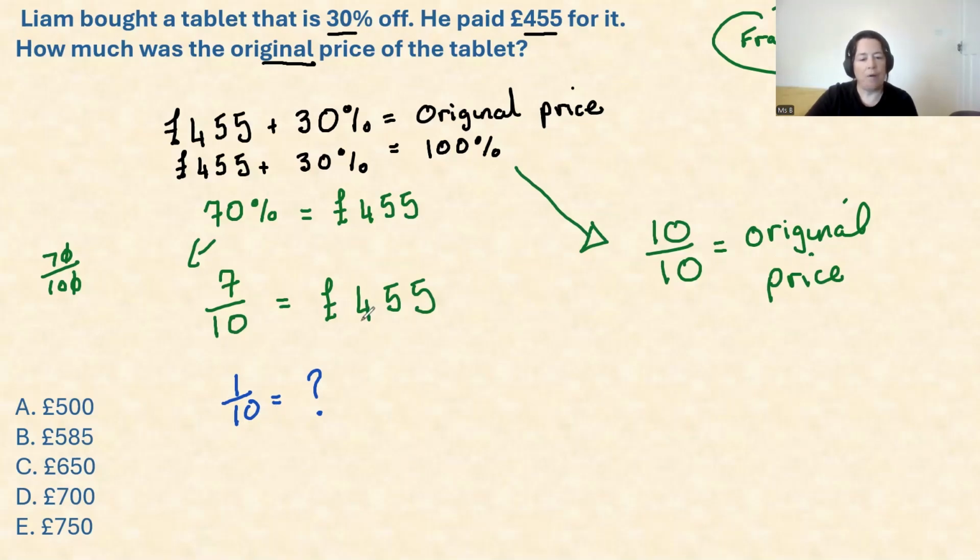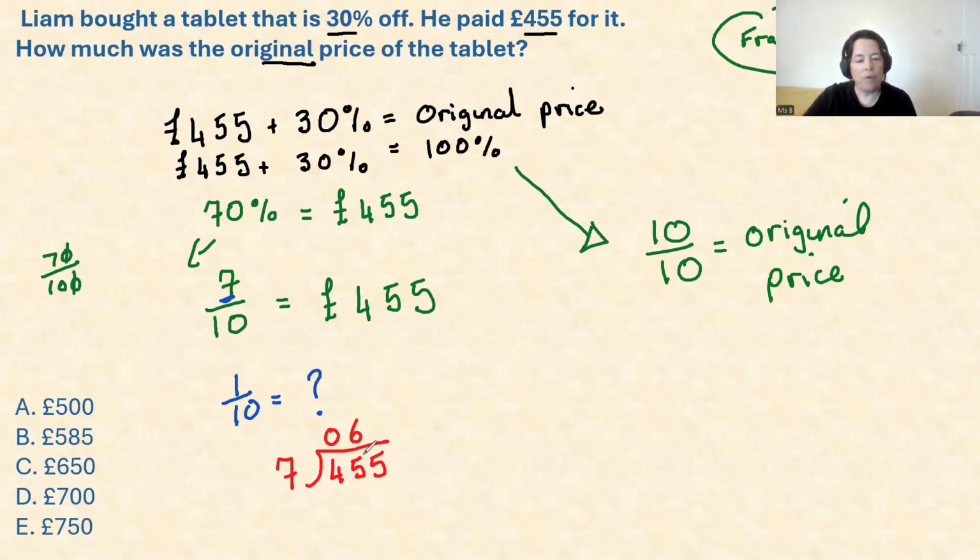To get 1/10 of 455, we need to divide by 7. So 455 divided by 7, 7 into 455. 7 into 4 doesn't go. 7 into 45, 7 sixes are 42.